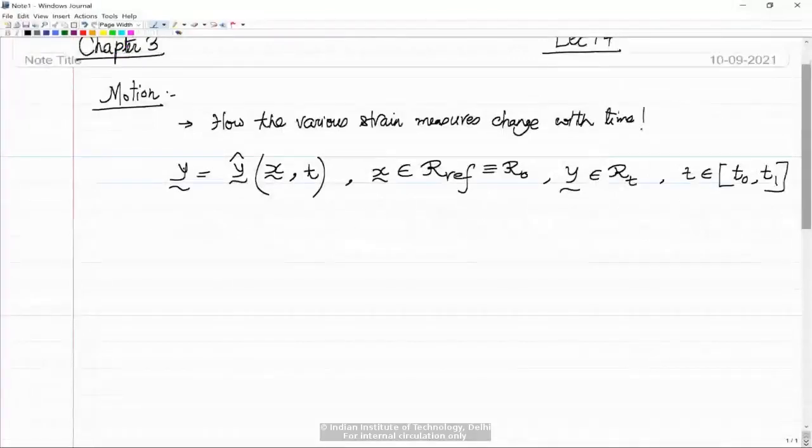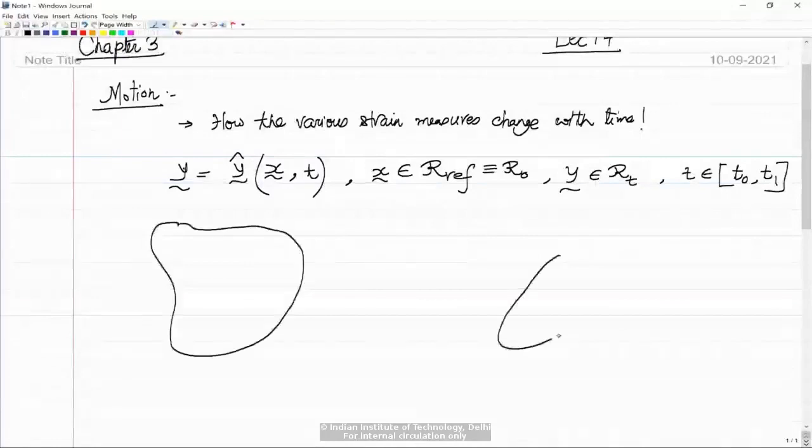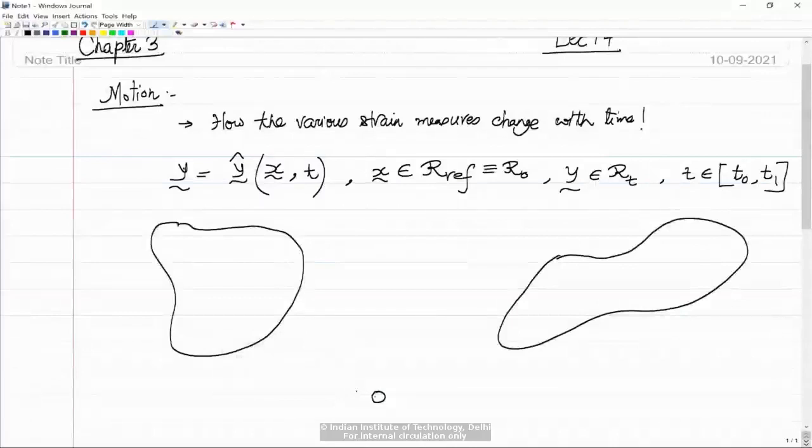If I again draw the picture, there could be, let us say, the origin O, with respect to which we are measuring all the positions.